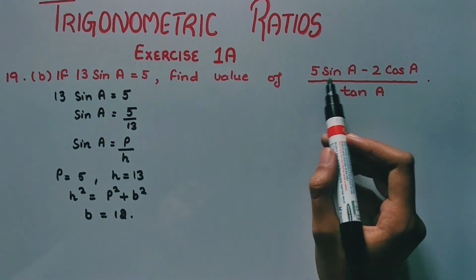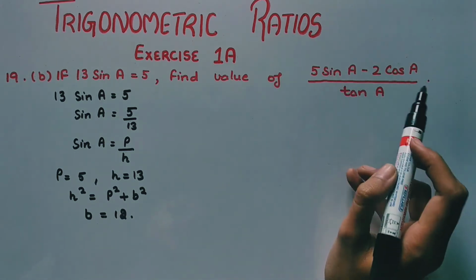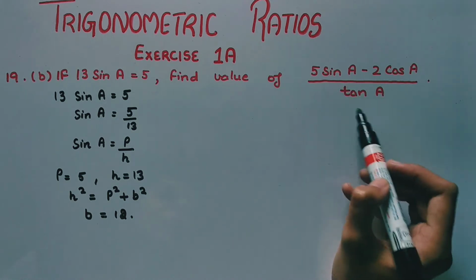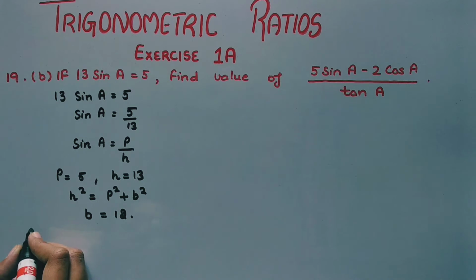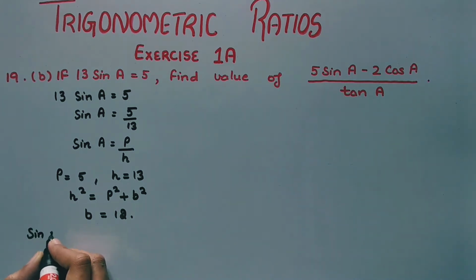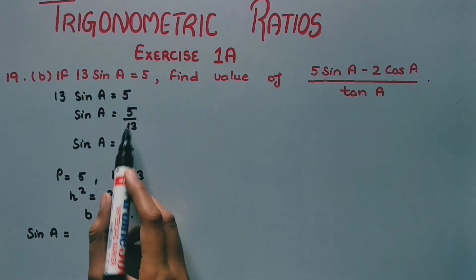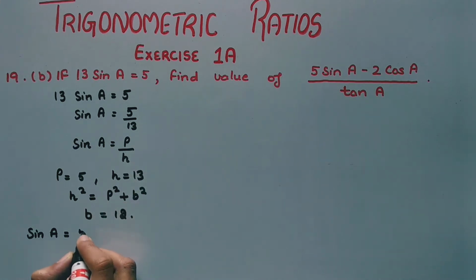Now we have to find the value of this equation. First of all, sine A, cos A and tan A values can be found individually. First we have sine A, that is 5 by 13. Next we have cos of angle A. Cos of angle A is base by hypotenuse.